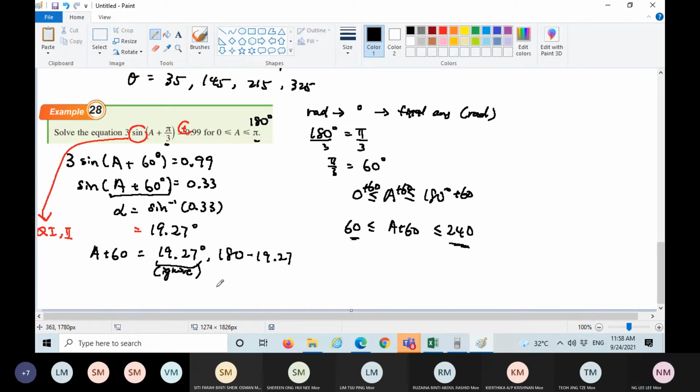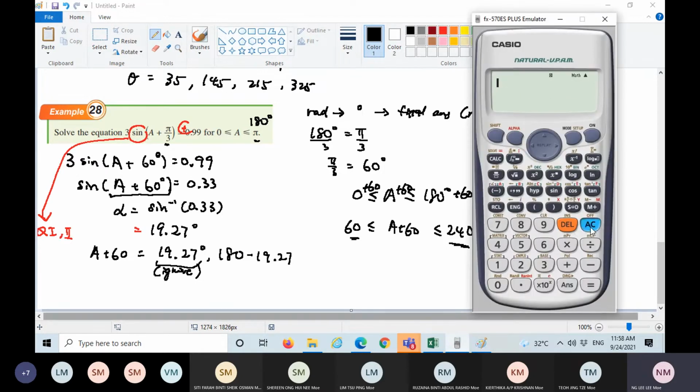Therefore, you can ignore this answer. So I only have one answer left, which is this one. So 180 minus 19.27 is 160.73.